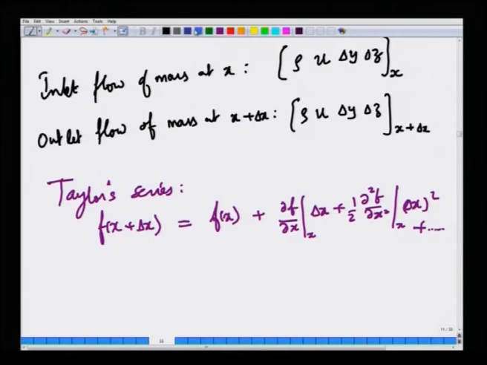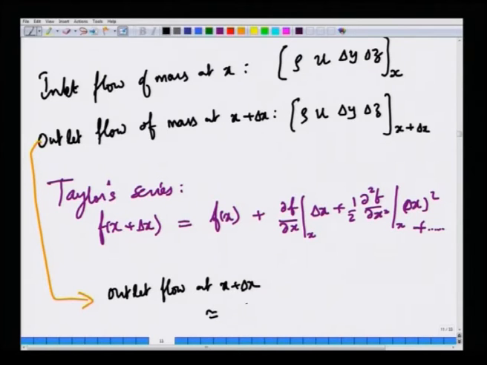So this becomes outlet flow at x plus delta x is approximately rho u delta y delta z at x plus partial by partial x of rho u, because delta y delta z are constant, at x times delta x.